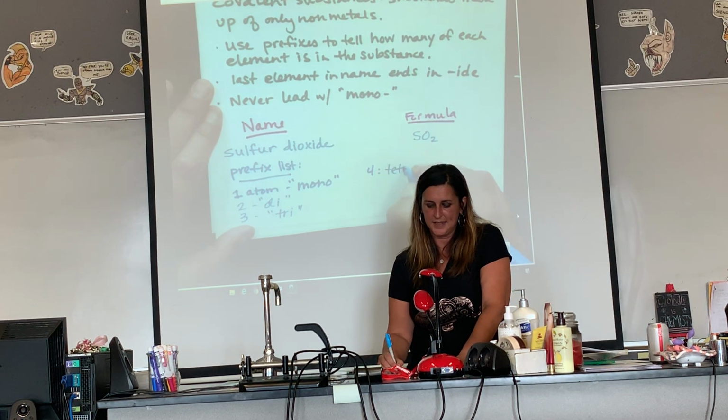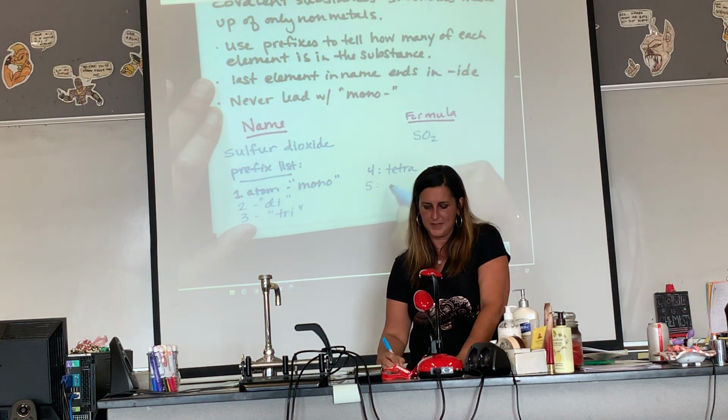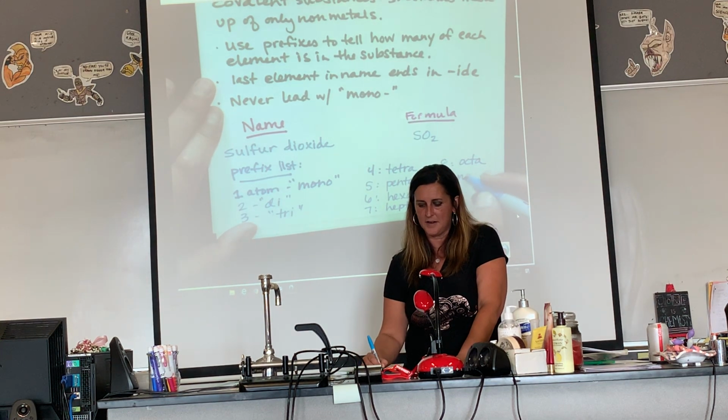You use the prefix tetra, kind of like Tetris, and 5 is penta, 6 is hexa, 7 is hepta, 8 is octa, like octagon or octopus, you can remember that too. 9 is nona, and 10 is deca, like a decade.